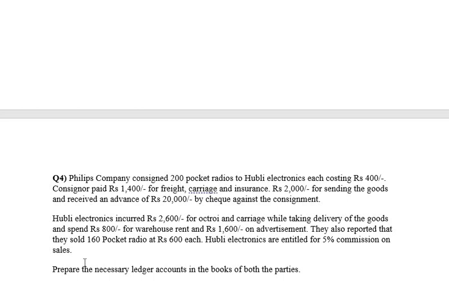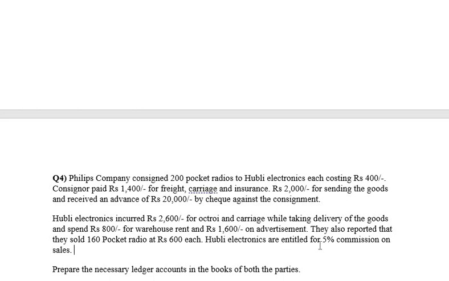Out of 200, they have sold 160 radios. But at what price is the consignee selling it? Hubli Electronics is selling it at rupees 600. So 200 is the profit per radio. So they have sold 160 pocket radios at rupees 600 each.